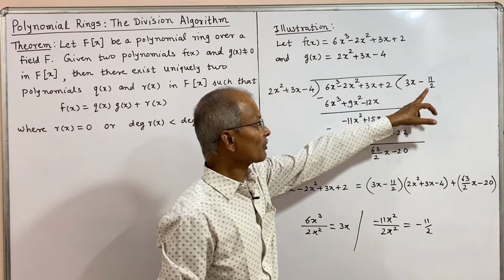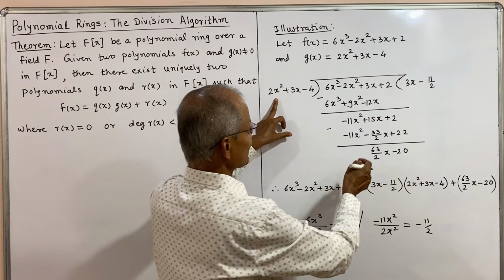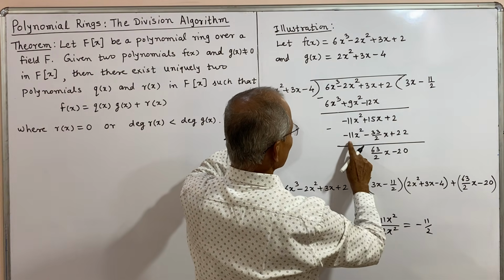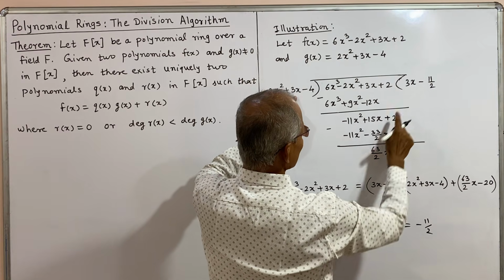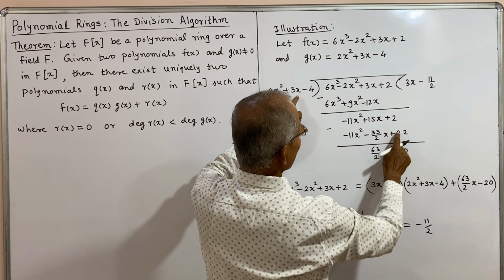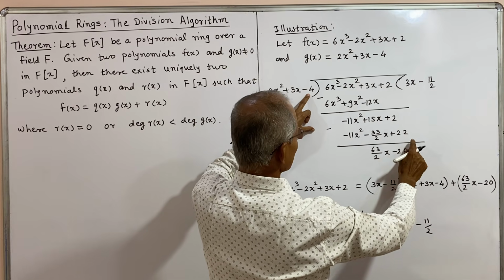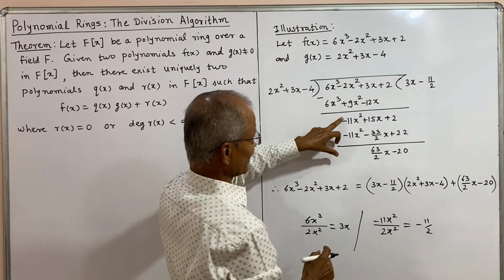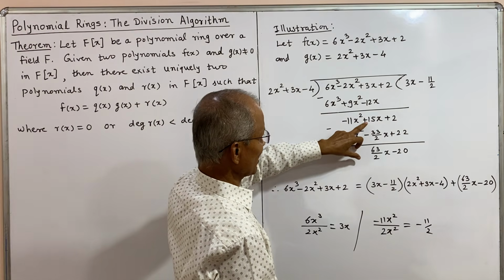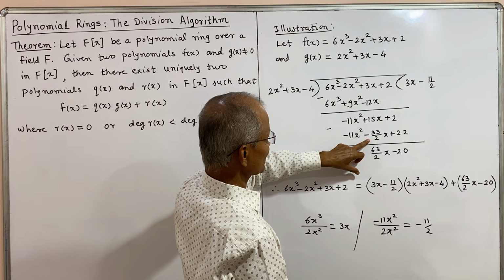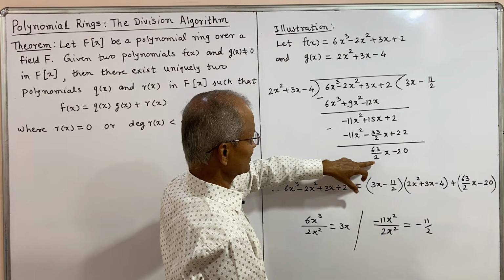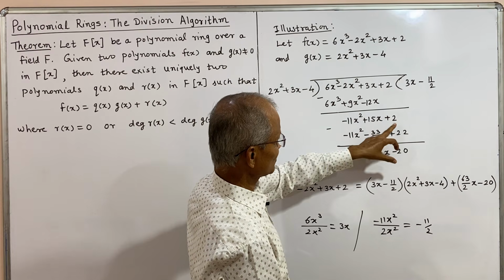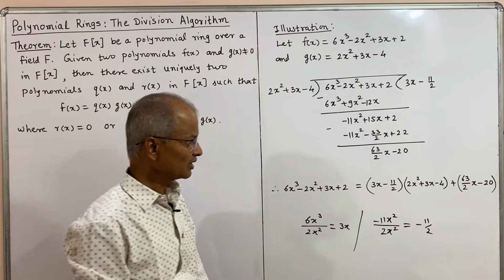Now the product of these two is minus 11x^2, minus 33 by 2 x, and plus 22. Again these are subtracted: 0, then 15 plus 33 by 2, that is 63 by 2 x, and 2 minus 22 is minus 20.